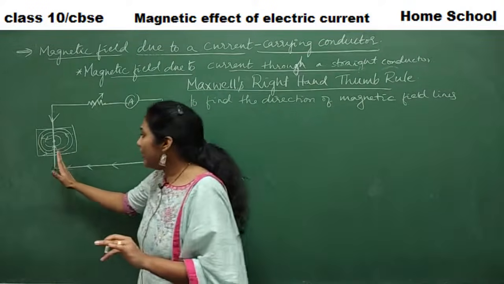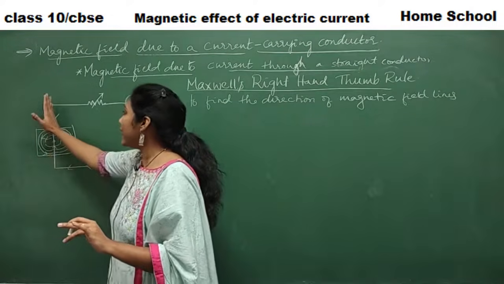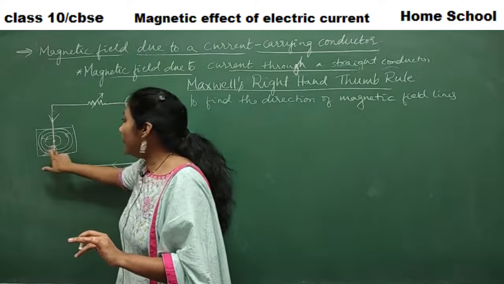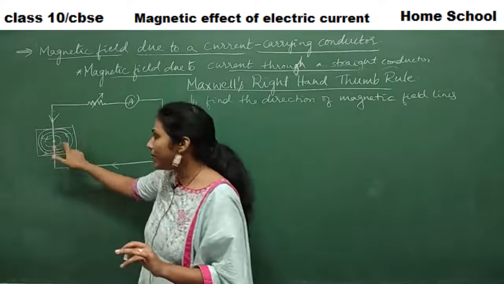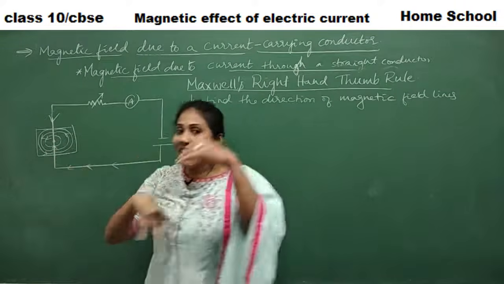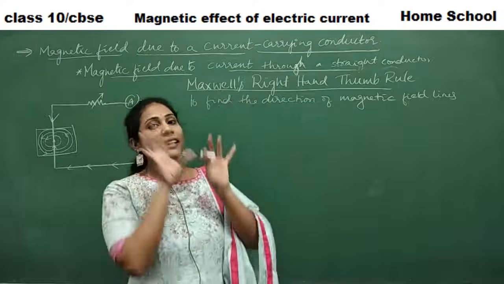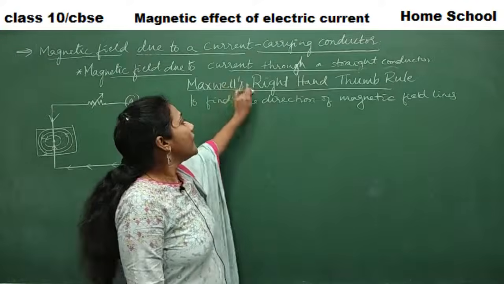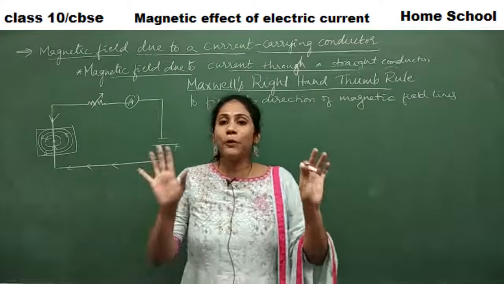When current is passing in a straight conductor in a particular direction, what will be the direction of magnetic field lines? Magnetic field lines appear in concentric circles, but in which direction are these field lines moving? To find that direction of field lines, we are using this right hand thumb rule.